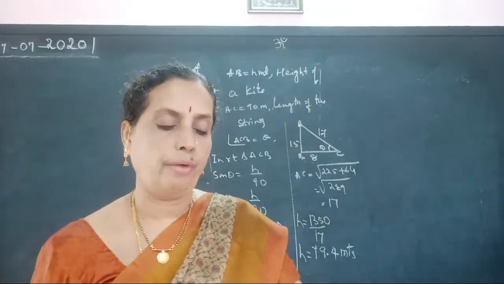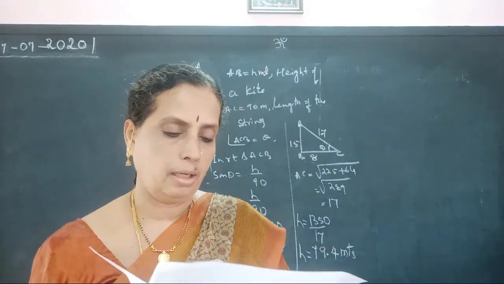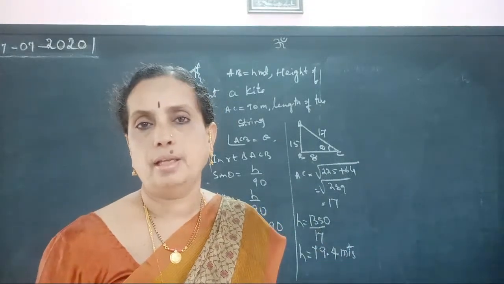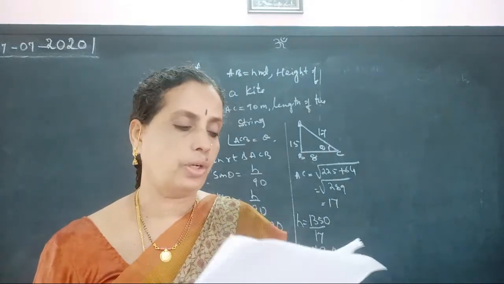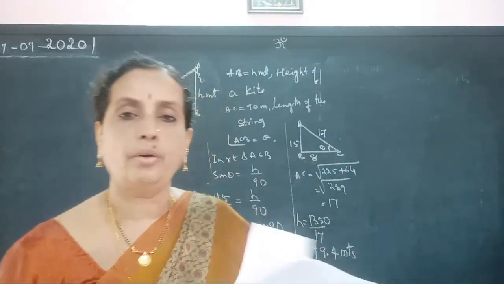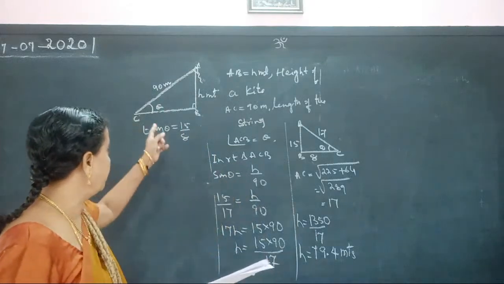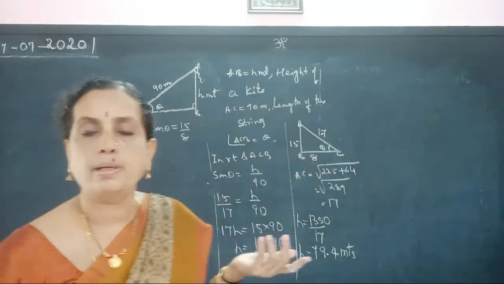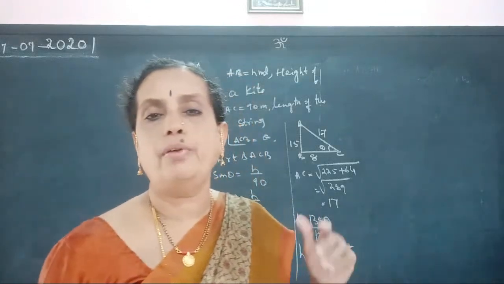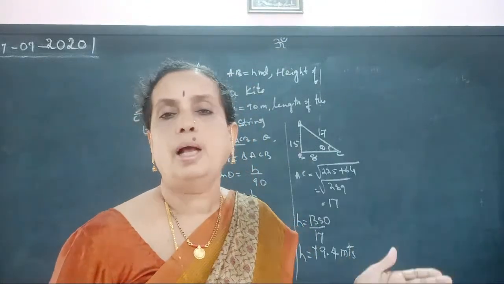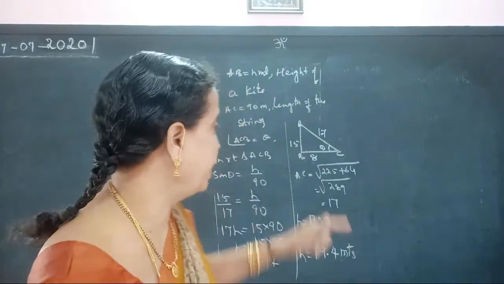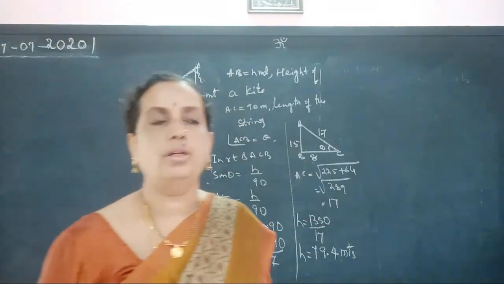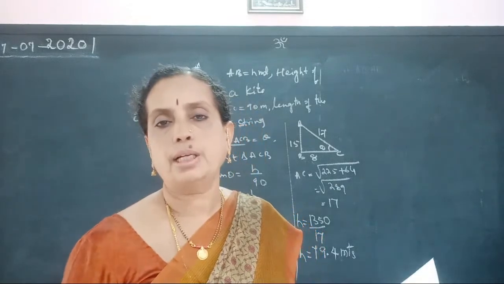I'll inform you when we move on to question number 16 why I had taken it in the beginning like this. Now here only one ratio is given. Theta is not mentioned. Then the ratio between the opposite side and hypotenuse we must know. That is the reason I took the trigonometric ratios to find out the hypotenuse value. Is it clear?